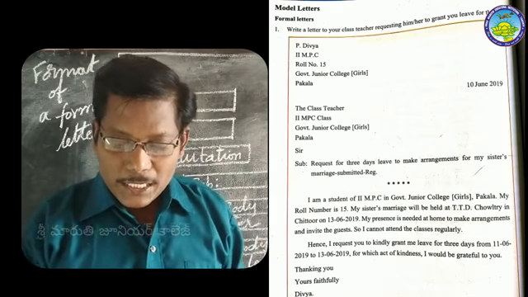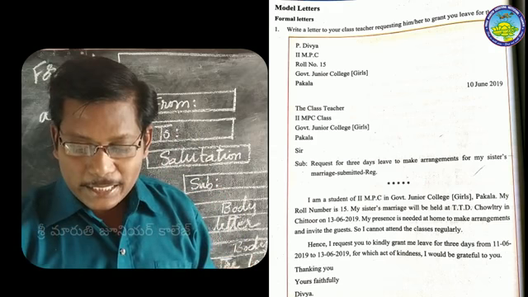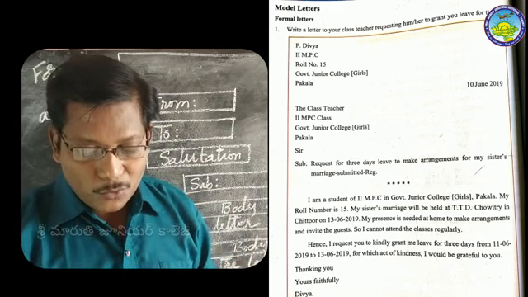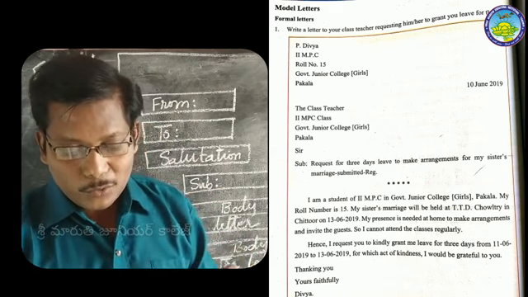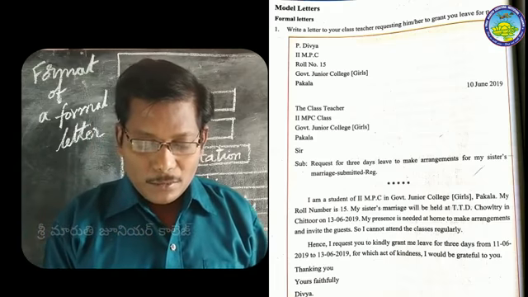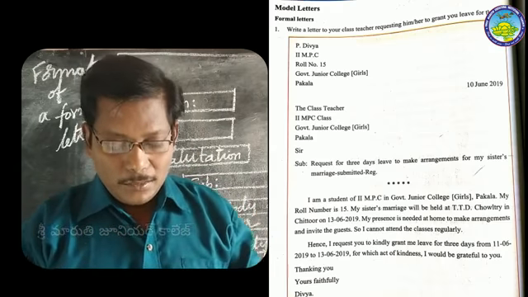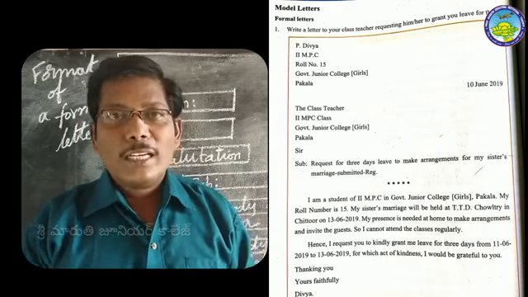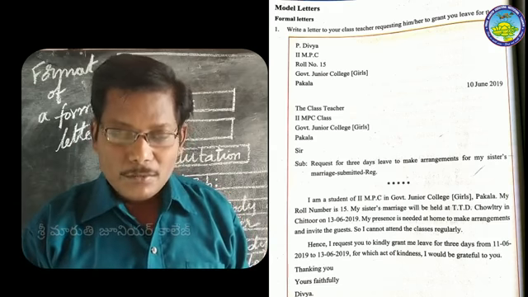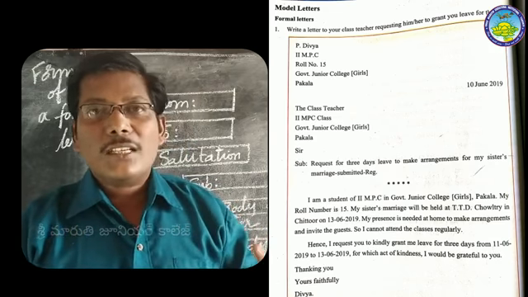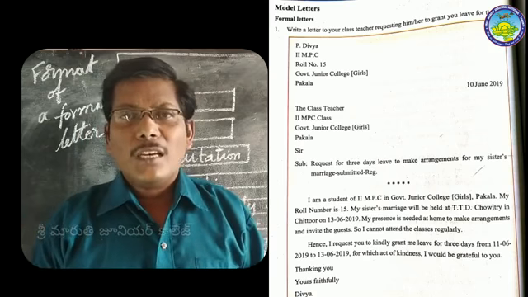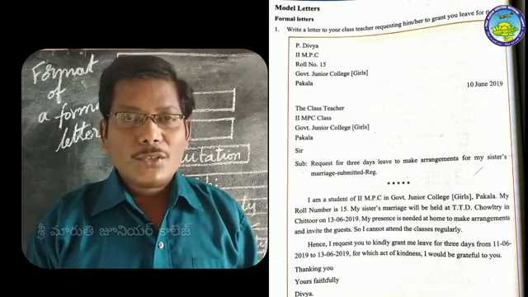My sister's marriage will be held at TTD Choultry in Chittoor on 13/6/2019. So my sister's marriage is on 13/6/2019 in Tirupati in TTD Choultry. My presence is needed at home to make arrangements. If your sister is going to get married, you will have many obligations to fulfill.